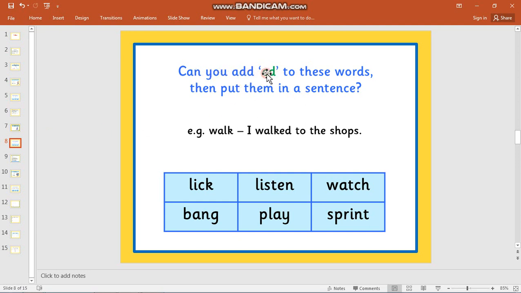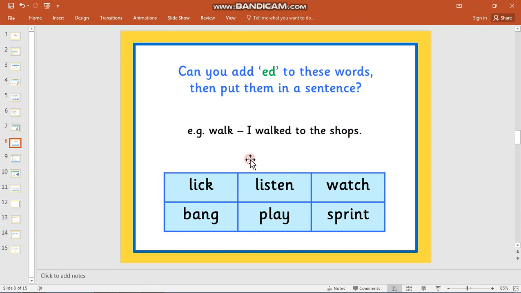Can you add ed to the end of these words, then put them into a sentence? For example, walk, when I add the suffix ed, it now becomes walked. I walked to the shop.